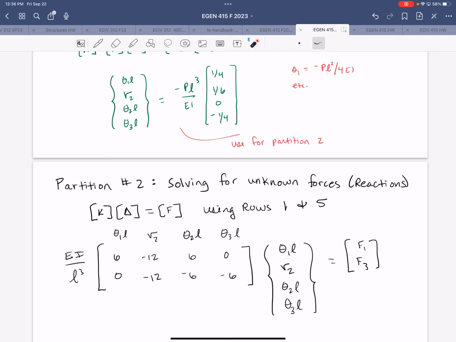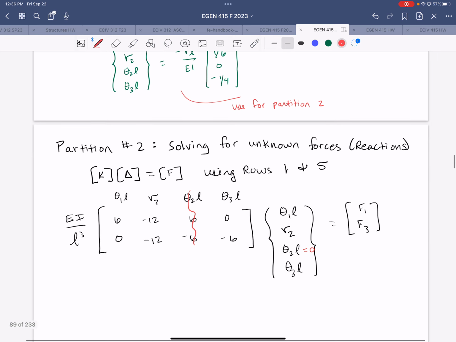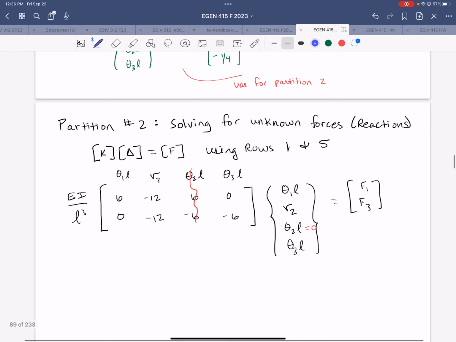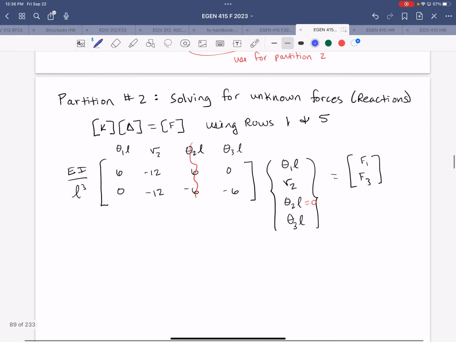So at this point, you could go ahead and say that's equal to 0. We can get rid of that column, and then work your way through. But essentially what you want to do is plug in the results from the first partition.